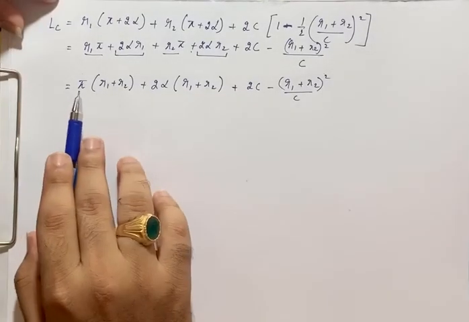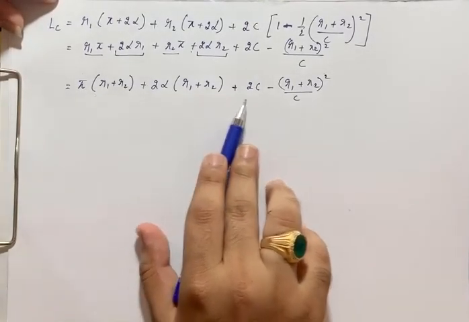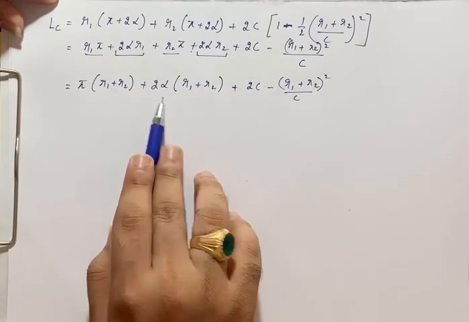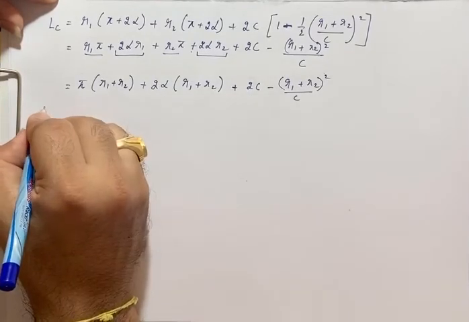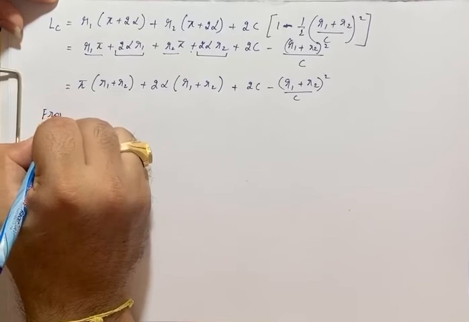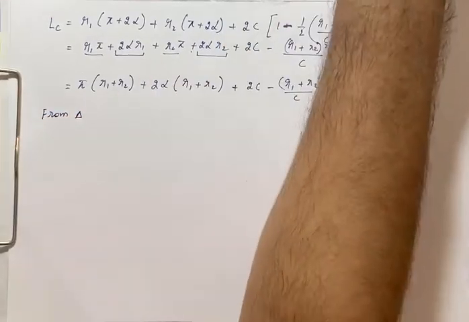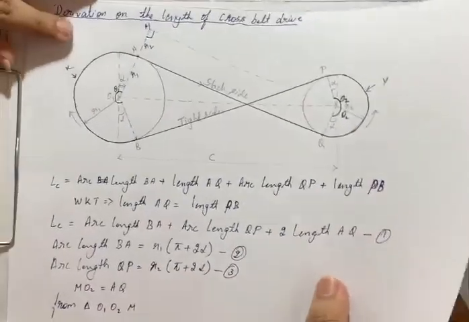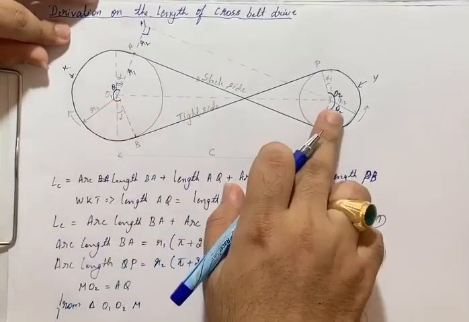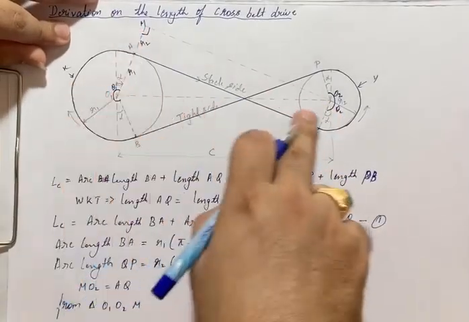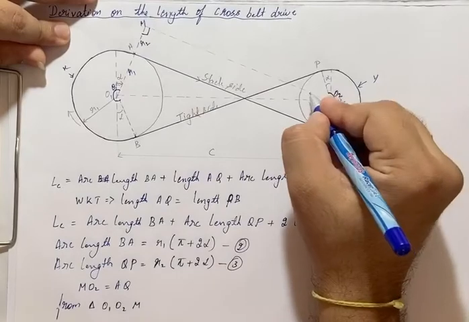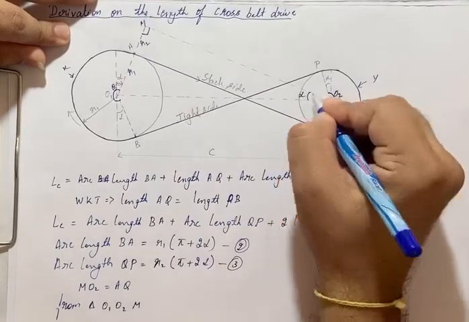But here we know R1 and R2, C is known, but we don't know the angle alpha. To find angle alpha, we use the triangle O1 O2 M. This angle is alpha here.